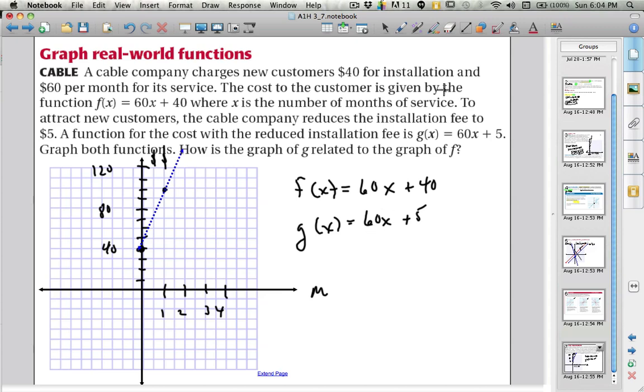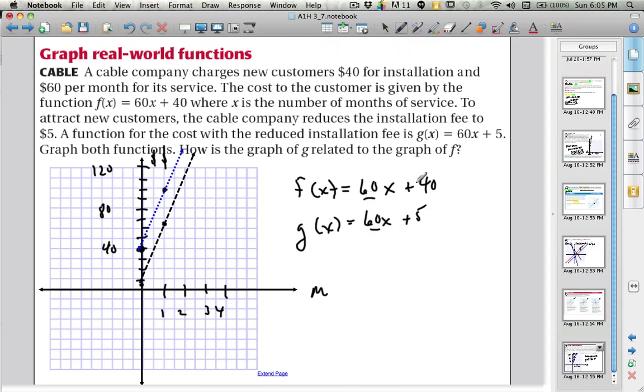And if we take a look at the other one, I'm going to start at 5. So this was 10, so down here is where 5 is. And as I go 1 over, it's also going to go up 60. So it's 50, 65. It's right there. And if we look at that graph, you'll notice that our slopes are the same.